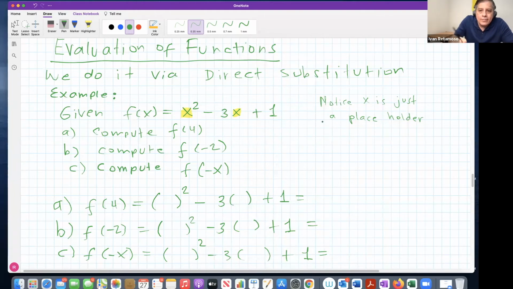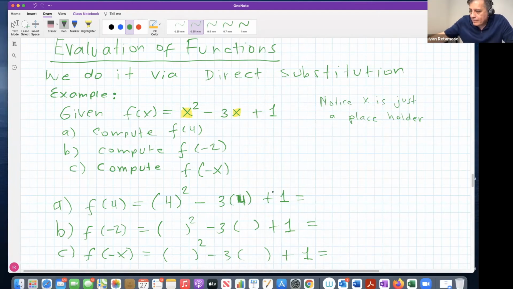So if I substitute x with 4, wherever I see x, I put 4 instead. Of course, I have to get the answer, the output value. So there you go. This is 4 squared, 16. This is 12. 12 subtracted from 16 is 4, plus 1 is just 5.